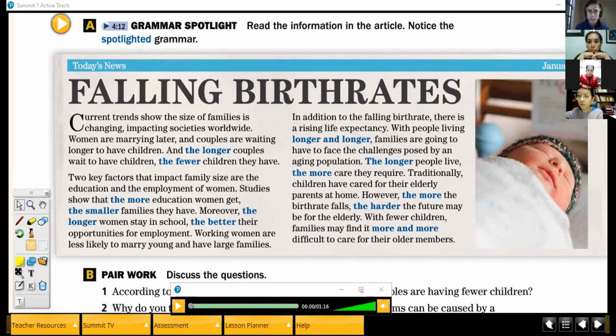What reasons does the brochure give for falling birth rates? Women are less likely to marry young and have large families. That's right. And the education that they have. Okay. How do education and employment affect family size?